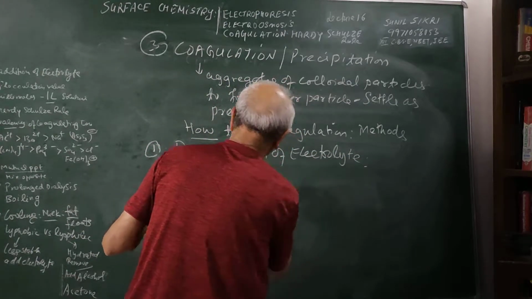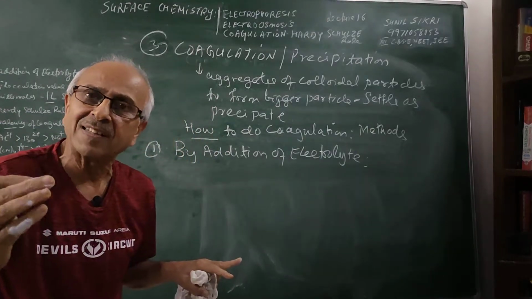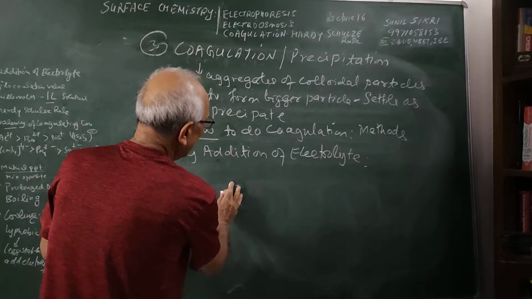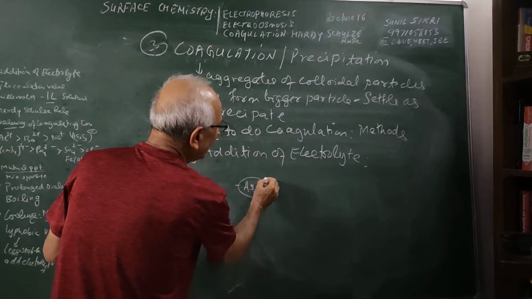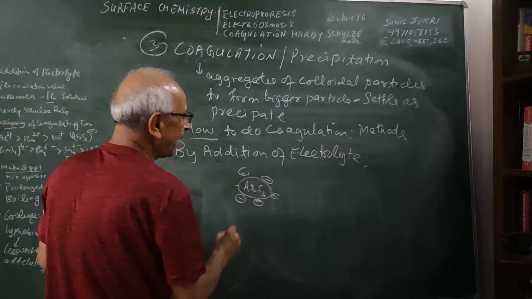Now you already know the basis behind this. Colloidal particles are carrying some charge. Supposing I have arsenic sulfide colloidal particles. You know it is a negative charge, negative charge on this, negative charge on this.